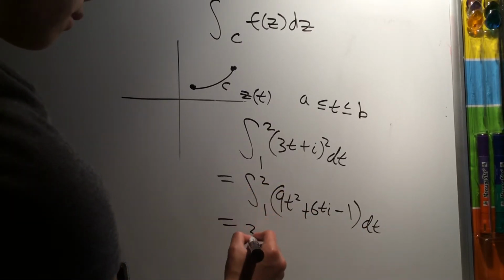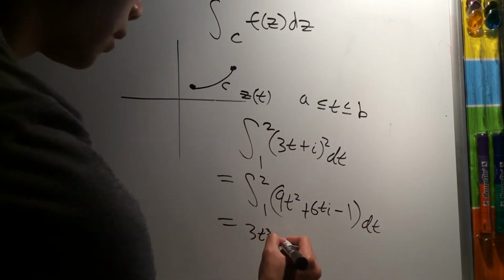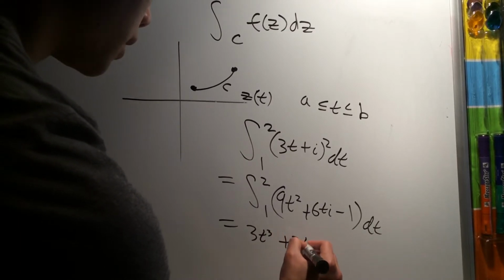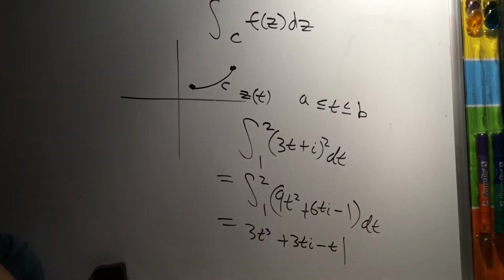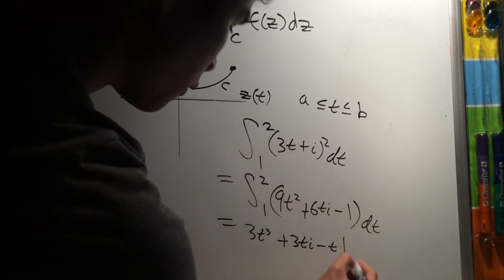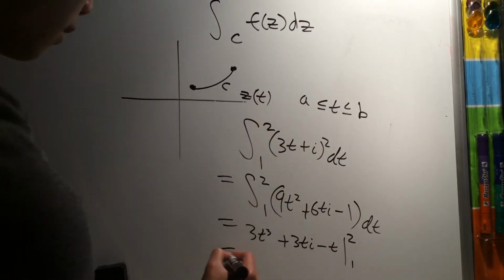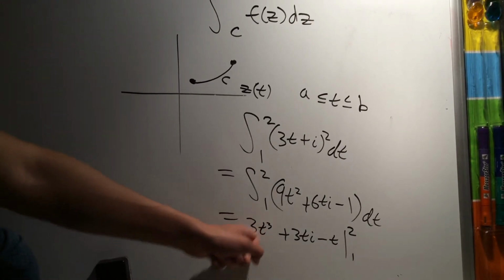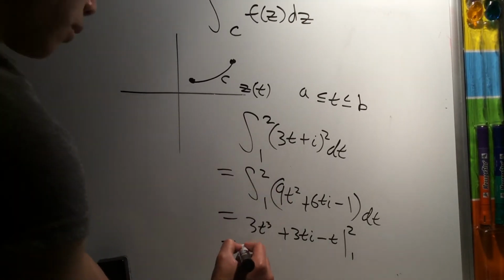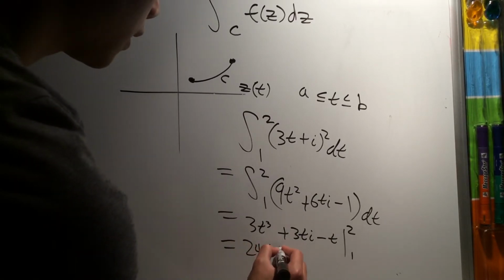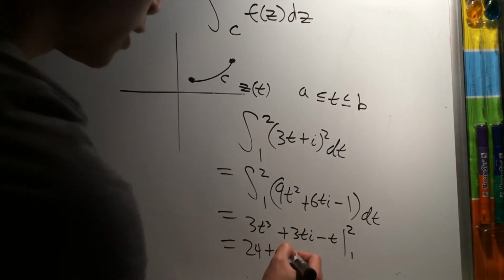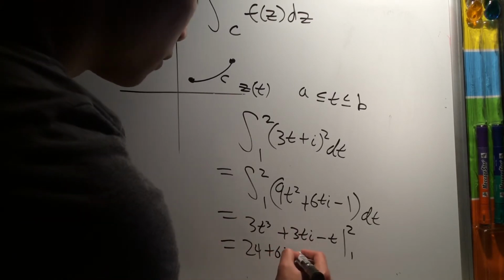We get 3t cubed plus 3t squared i minus t. Now, we go from where to where? 1 to 2. So to finish it off, we have 2 cubed, which is 8 times 3 gives us 24. 2 squared times 3 gives us 12, so we get 12i right there, and then we are subtracting 2, of course.